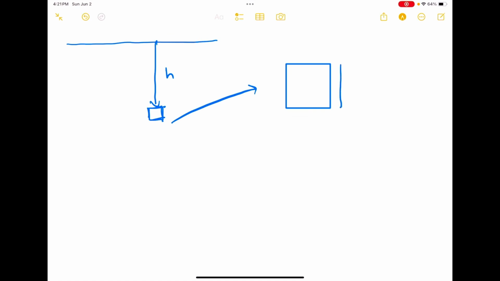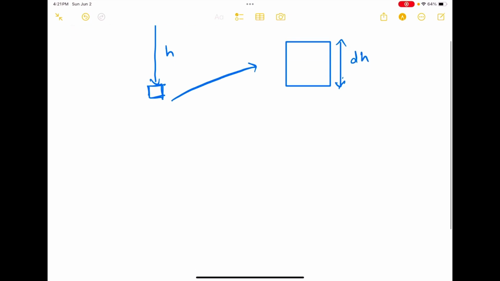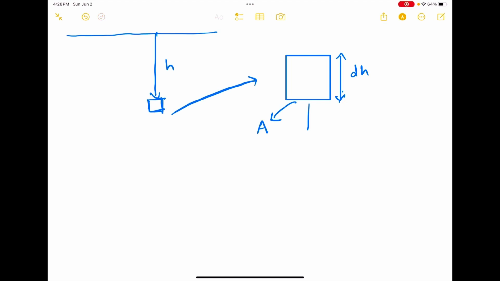Let the height be dh and the surface area of each side of this cubical element be A. Let the pressure acting on the lower surface of this cube be P, and the pressure acting on the upper surface be P plus dP.